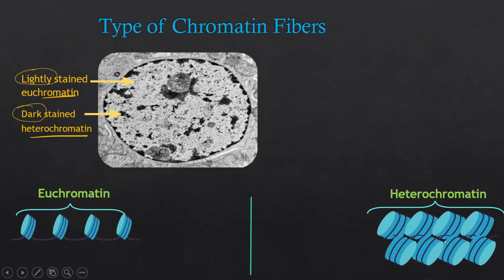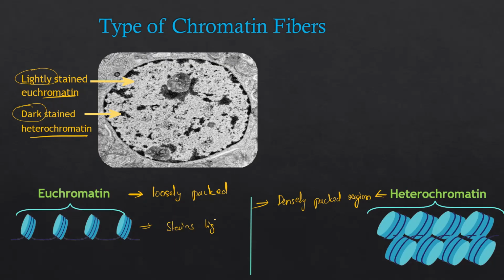So from that, you can say euchromatin is loosely packed, and heterochromatin is very densely packed. Remember this. So euchromatin stains light in color, whereas heterochromatin stains dark color.